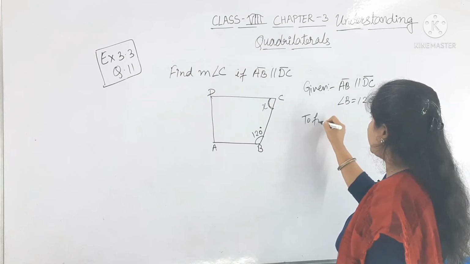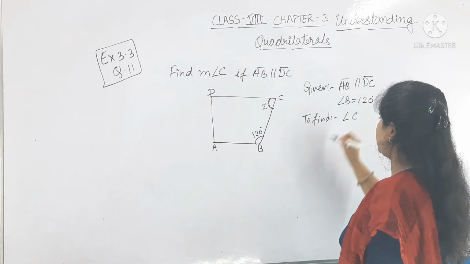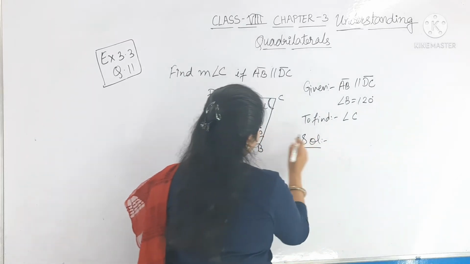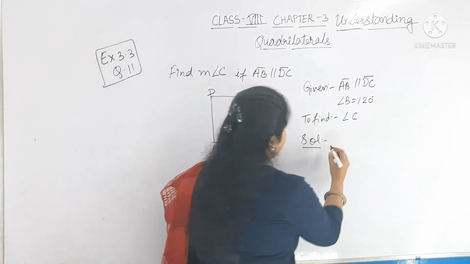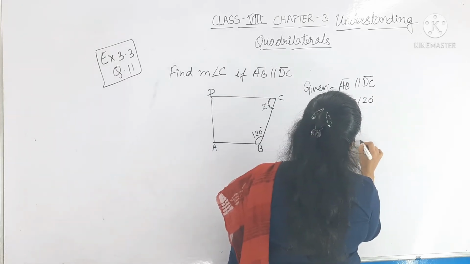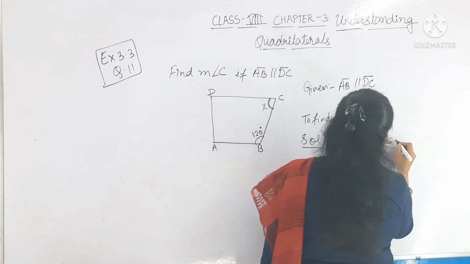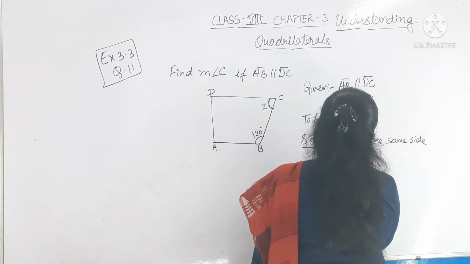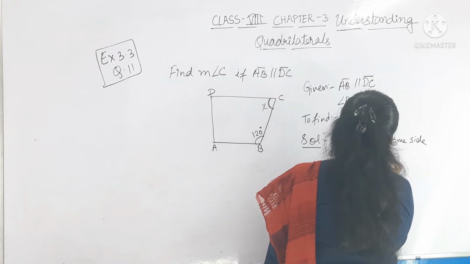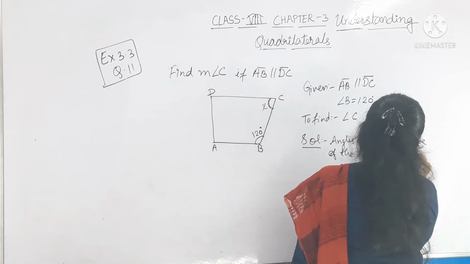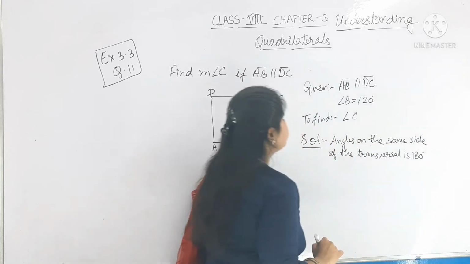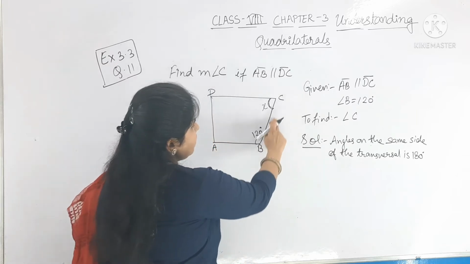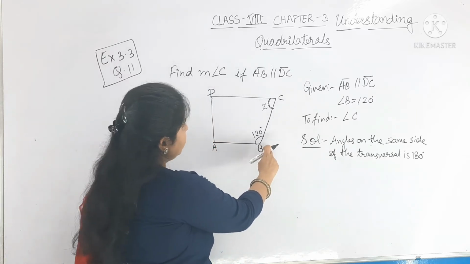We have to find angle C. So we know this property, this is the property of the trapezium, that the sum of the angles on the same side of the transversal is 180 degrees, right? Here, BC is a transversal line.